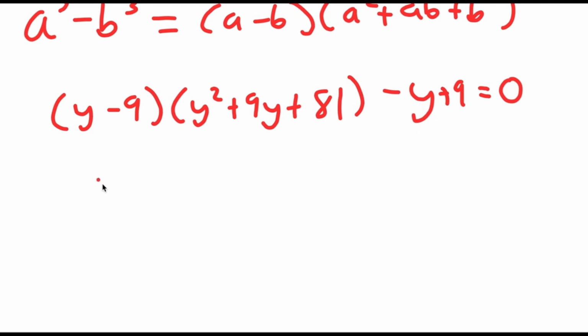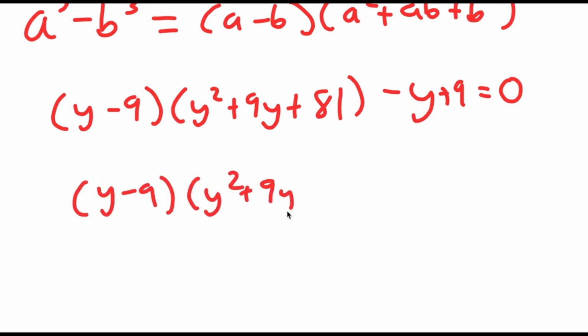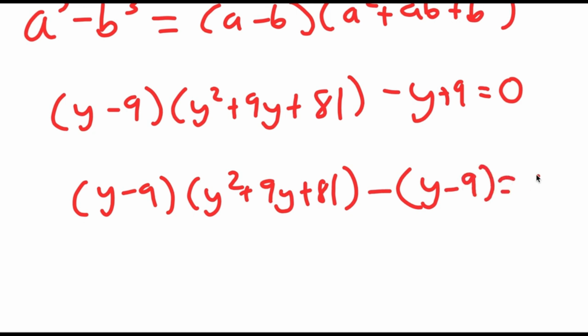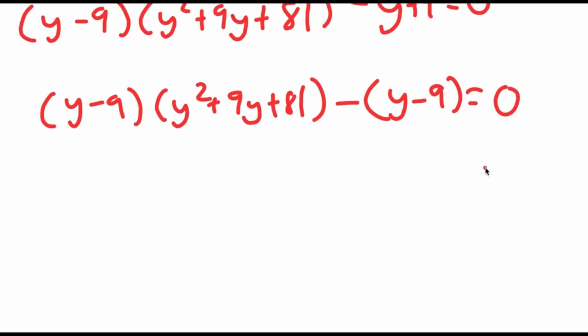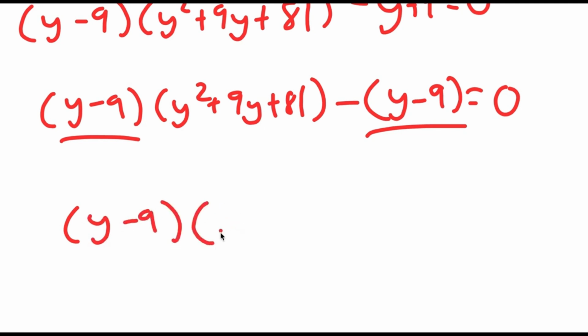Now, negative y plus 9, I'm going to rewrite this as negative of y minus 9. And from here, I can factor out y minus 9 because notice how both these terms have y minus 9 in them. So I get y minus 9 times y squared plus 9y plus 81 minus 1.